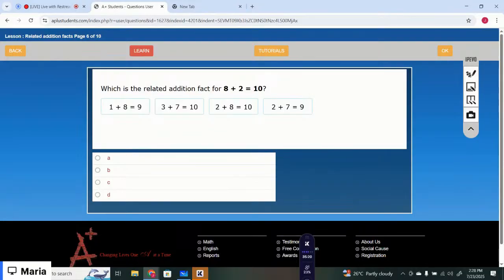Which is the related addition fact for 8 plus 2 equals 10? Option C is the correct option.